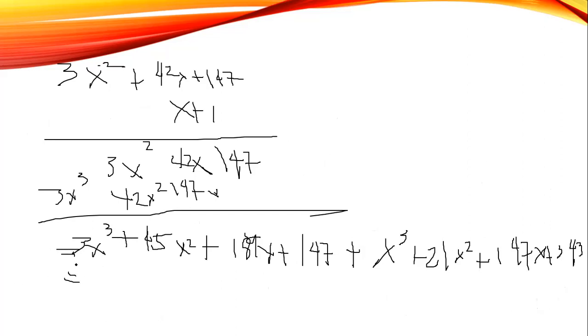So we have 3x cubed and then we have x cubed, so we have 4x cubed.